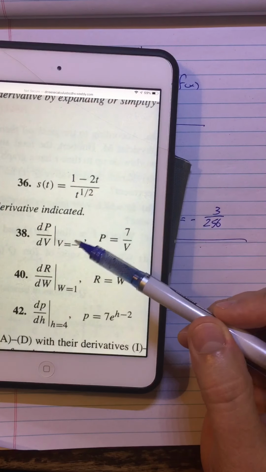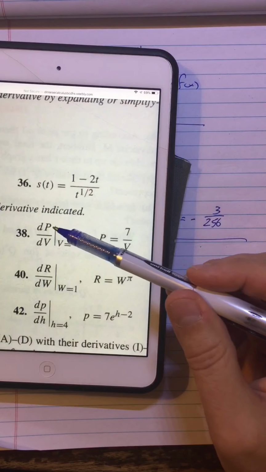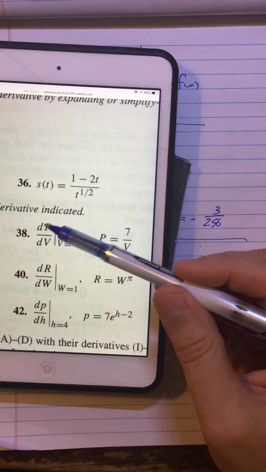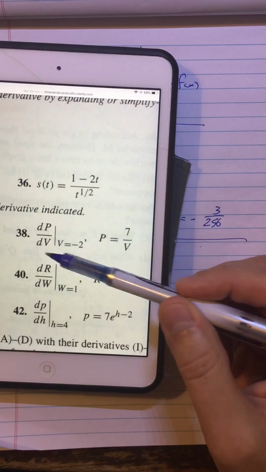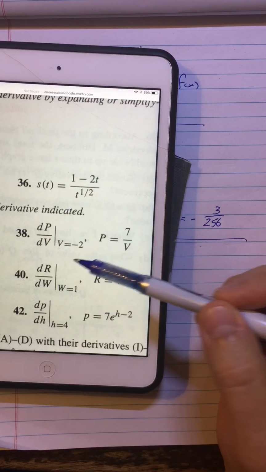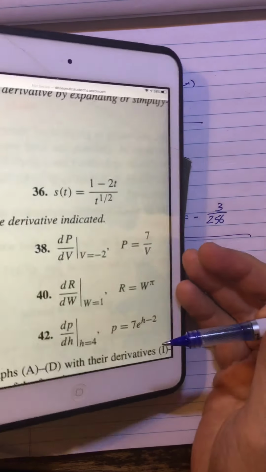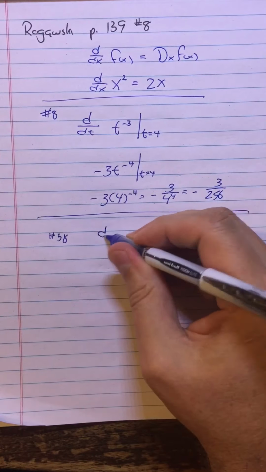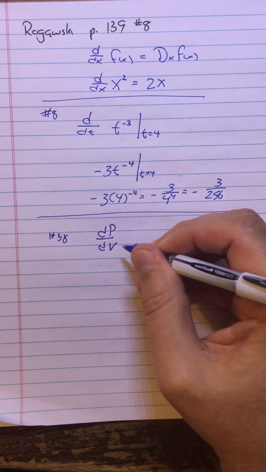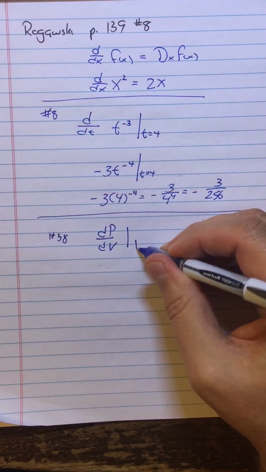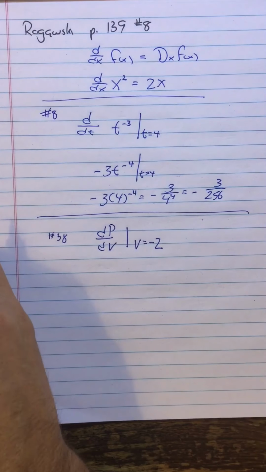This is a physics idea. So it's just telling you that P is acting like the y and V is acting like the x. So we're going to do dP/dV. So this is like y equals 7 over x. All right, so we're doing dP/dV evaluated at V equals negative 2.